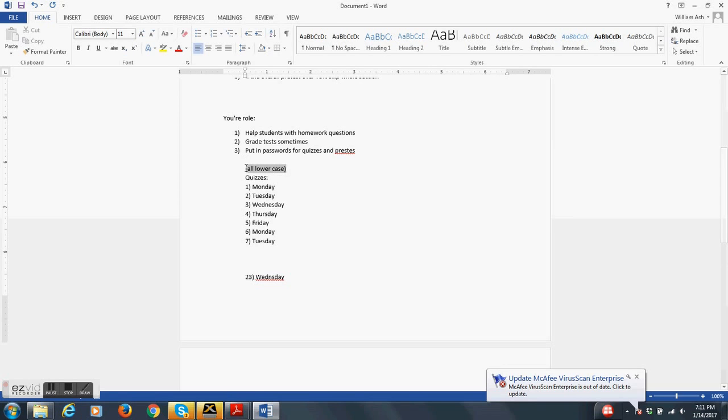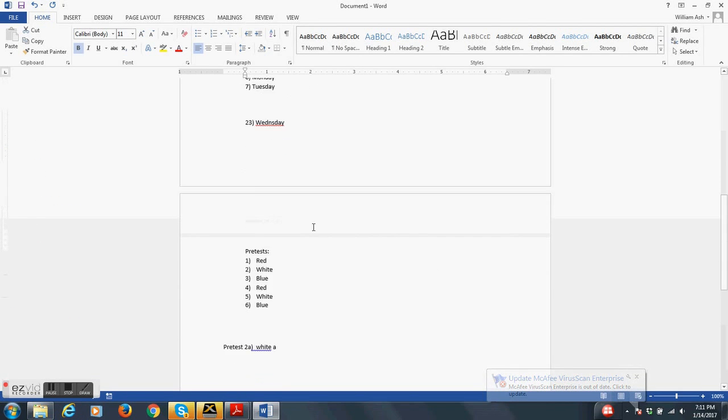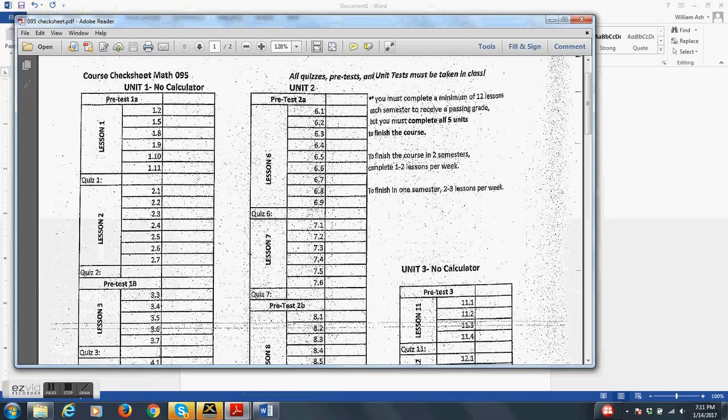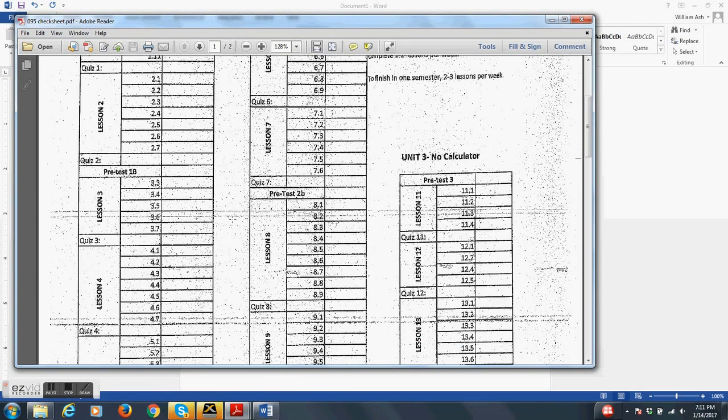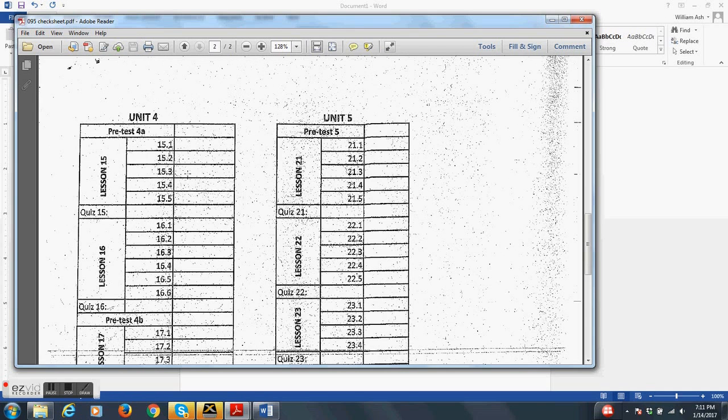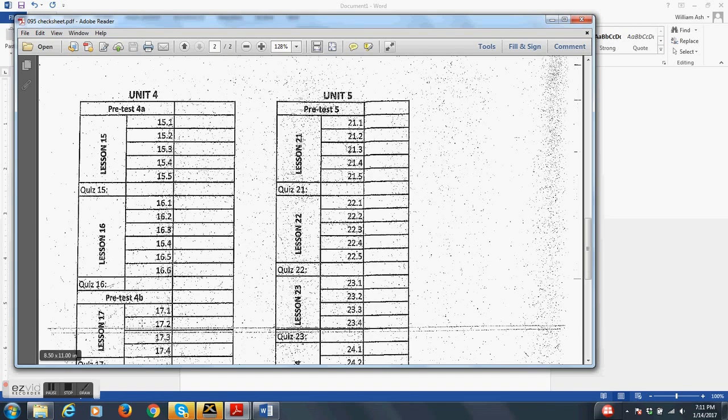So it would be white space A, and then pretest 2B would be white space B. If it's 3, there's only a B, so it's just red, white, blue. So pretest 3 is blue. Pretest 5 is white. But in 4, there's a red space A and a red space B.